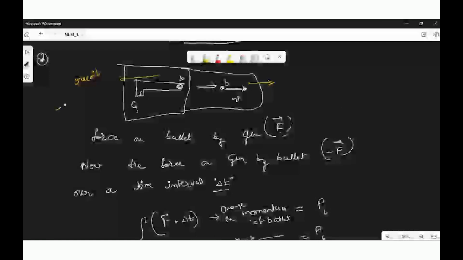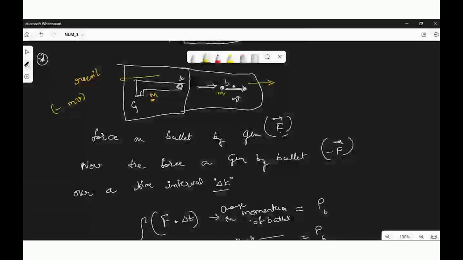If the mass of the bullet is small m and the mass of the gun is capital M, if the bullet moves with m into v, your gun will recoil with an equal and opposite value, minus mv. Later I can try to write it in terms of capital M as well. So that is how, if you fire a bullet in the forward direction, the gun will recoil.